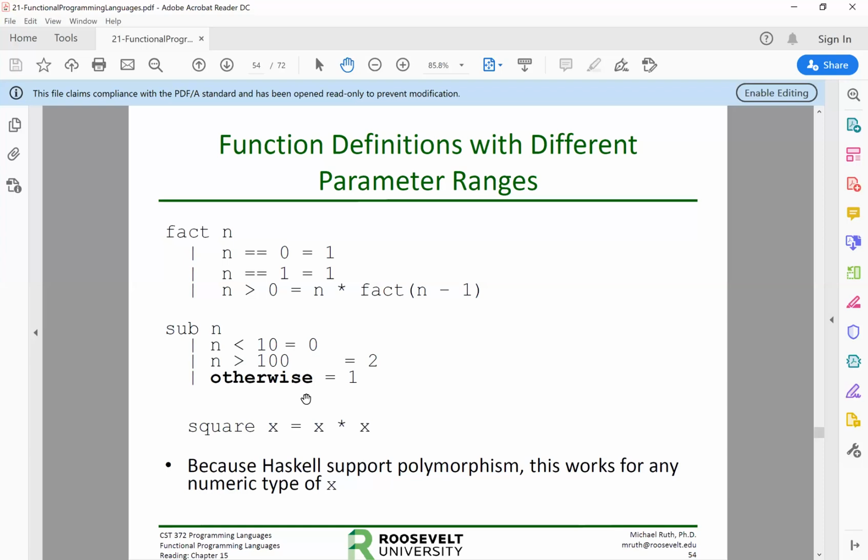This purpose is the same as the one before, which just squares x. Square x equals x times x. Because Haskell supports what we think of as polymorphism, this works for any numeric type. And it's really a simple format for the type of thing that it is.